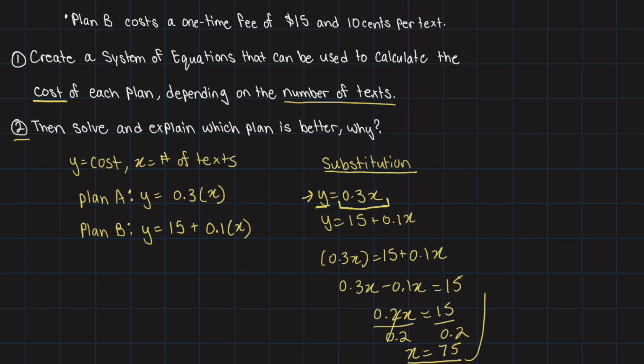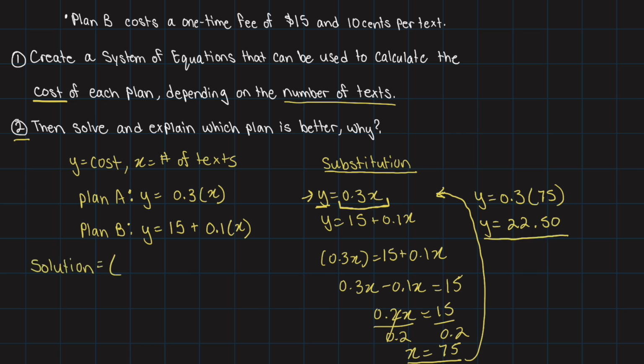So this gets resubstituted into this equation. So then we have y equals 0.3 times 75 instead of x, and that gives us 2250. Our solution is when x is 75 and y is 2250.